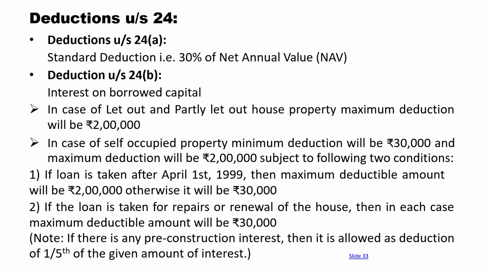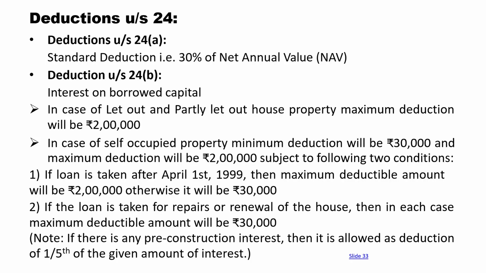We are going to discuss how to compute the income from self-occupied house property in the next slide. But here, in relation to the deductions under section 24, remember, whenever any loan is taken for the self-occupied house property, whatever interest is paid on that loan, there is a condition: the minimum amount of that interest deducted will be 30,000 and the maximum will be 2 lakhs.